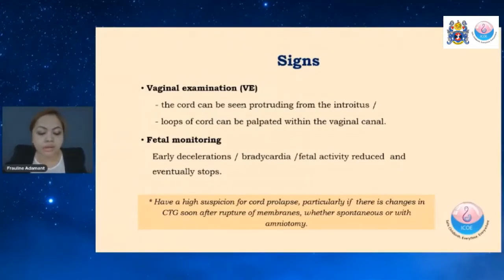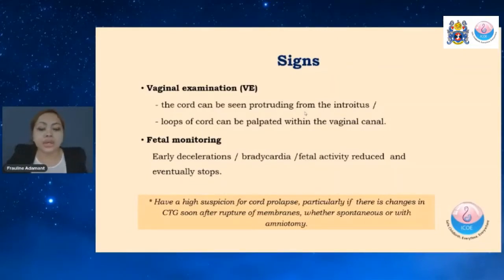If there are sudden changes in the CTG, such as early deceleration, bradycardia, or reduced fetal movement, or eventually the movement stops right after the rupture of the membrane, and any of these signs occur, an acute event should be considered and a plan to expedite the birth made.